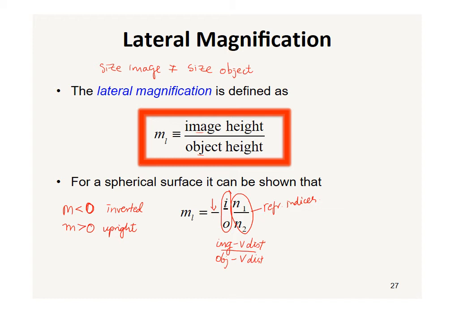So the sign of magnification is very important. Something else to note is that if the magnitude of the magnification, absolute value is easier to say, is less than 1, then it means it's diminished. And if the absolute value of the magnification is greater than 1, it's enlarged. These are things I'm sure you've learned before. I'm just reminding you.